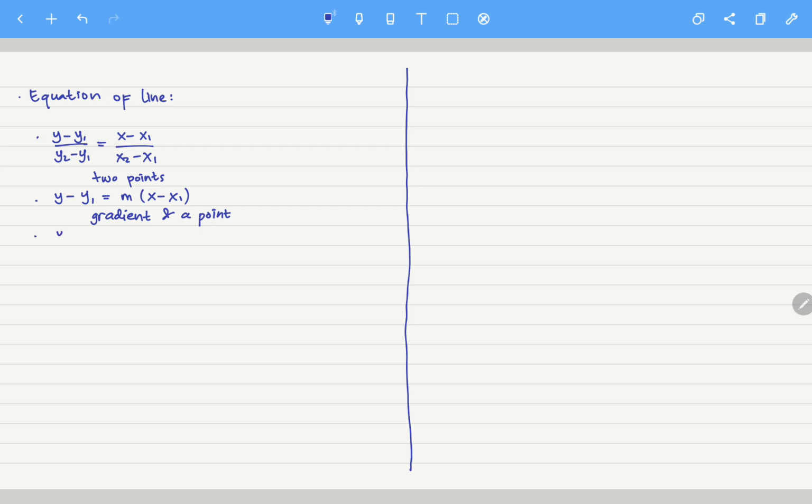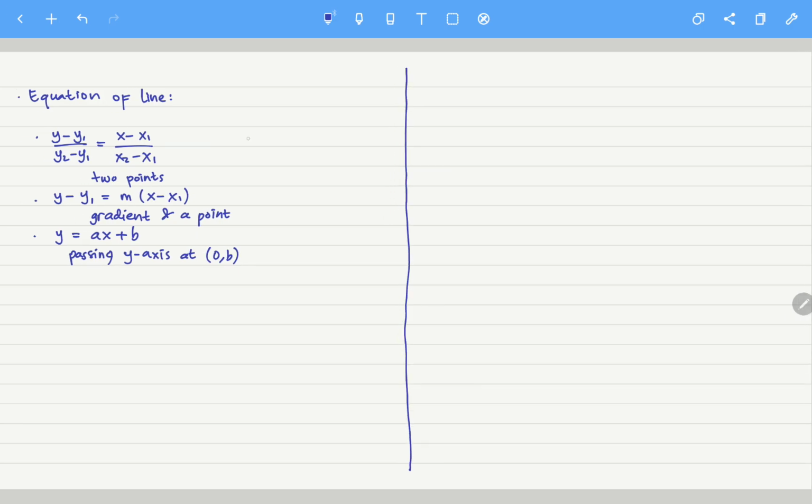Then we can use the equation y equals ax plus b if we know the gradient. In this case the gradient is a, and this line passes through the y-axis at (0, b).